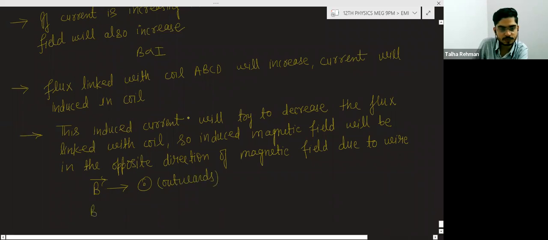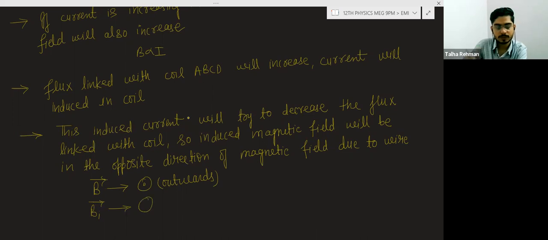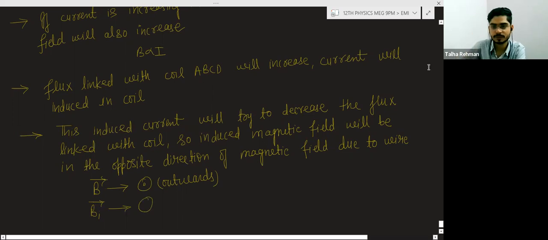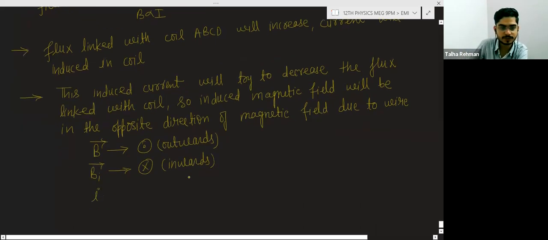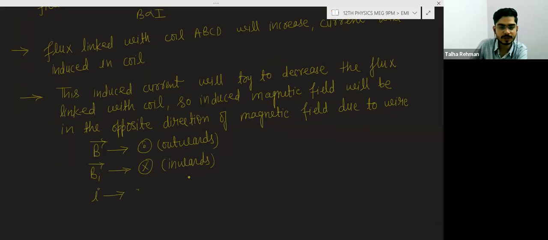So the induced magnetic field due to the induced current will be inwards. If the magnetic field is inwards, the direction of the induced current will be clockwise. This will be given by the right hand thumb rule.